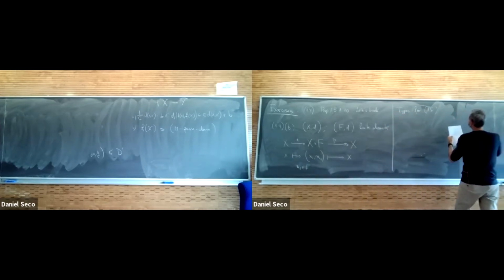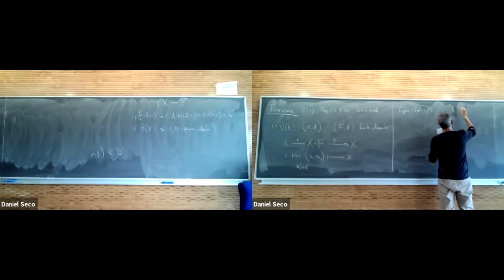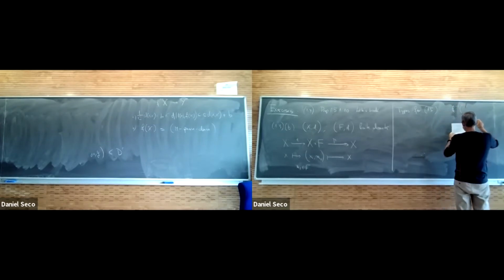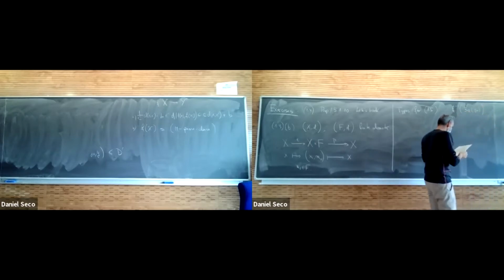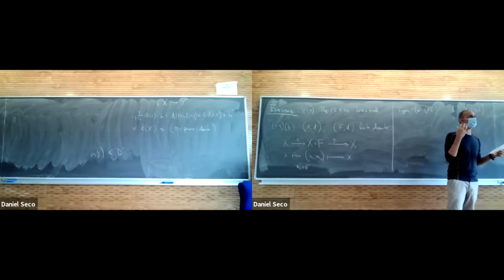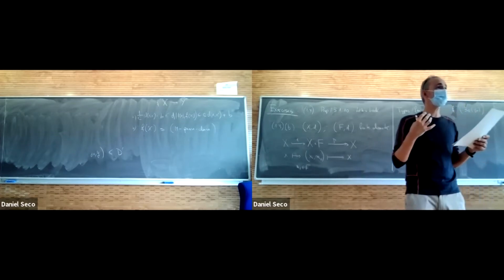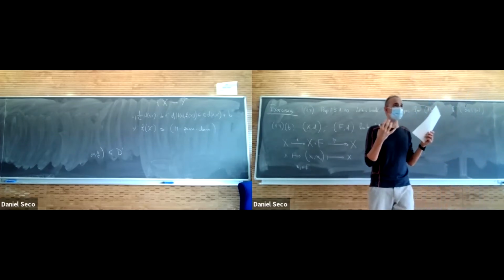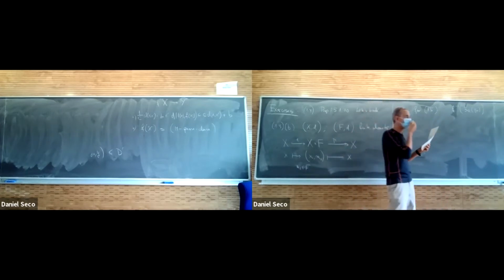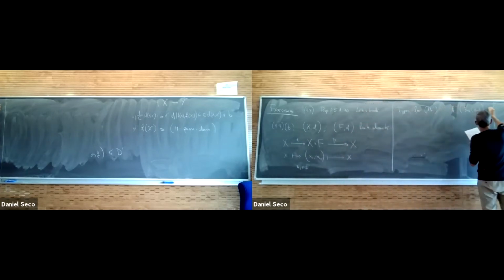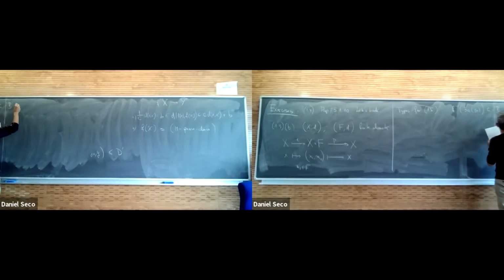So, the pre-image of the ball is again bounded. So the pre-image of a bounded set is bounded. That's very important.